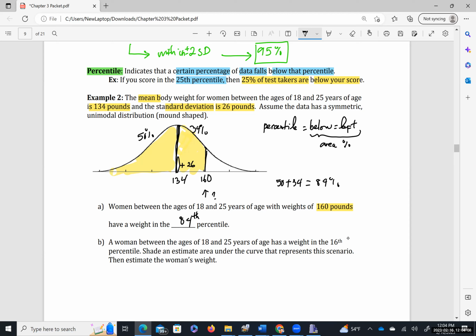So when we move to part B, a woman between age 18 to 25 years old has a weight in the 16th percentile. Now they give us a 16th percentile. What does that mean? That means it will be 16% from the left to the value, below from the left.